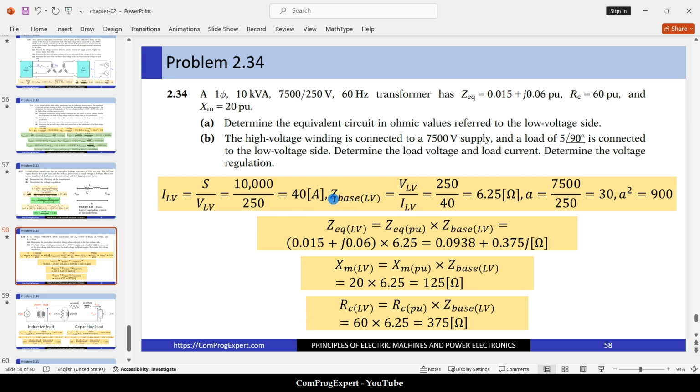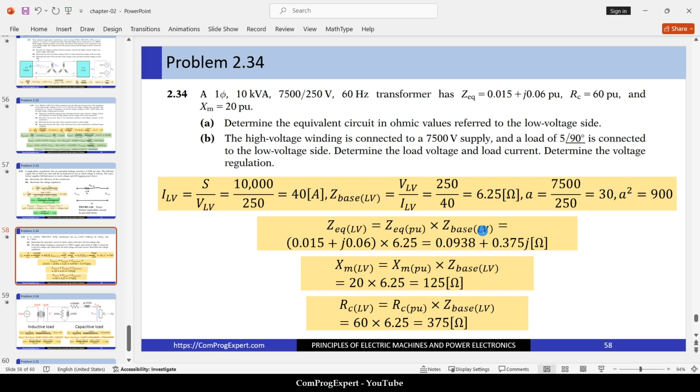The base impedance for the low voltage side is voltage divided by current. 250 divided by 40 is 6.25 ohm.